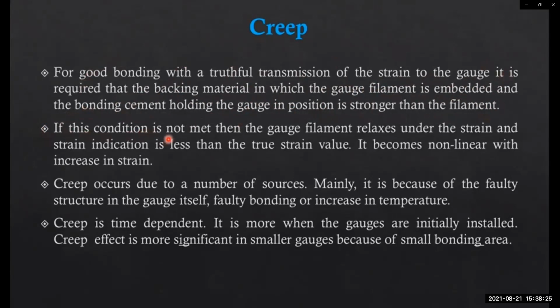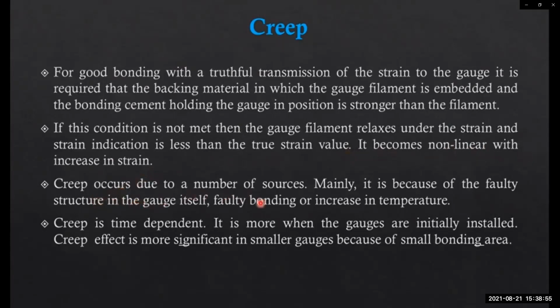If this condition is not met, then the gauge filament relaxes under the strain, and the strain indicated is less than the true strain value. Okay, so we require it to be well bonded, not too loose and not too tight. If it is loose, then we cannot get the actual amount of strain, and if it is very tight, then we get a higher value than the applied strain, right? So it becomes non-linear with increase in the strain.